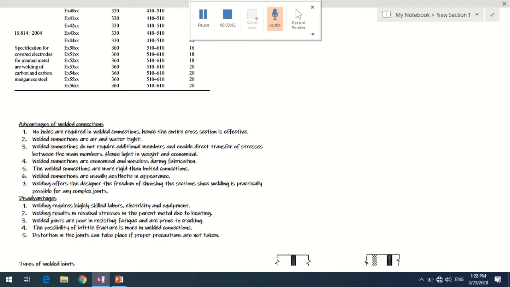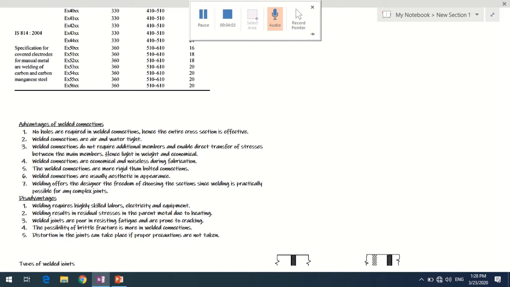Welded connections are more rigid as compared to bolted connections, because bolted connections tend to become loose during their life, whereas this cannot happen normally in case of a welded connection. Welded connections are aesthetically good in appearance.